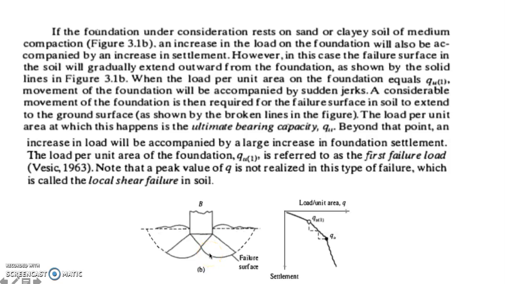which is called the local shear failure. For the local shear failure, the rupture of the soil is only immediately below the footing. So you have here the footing at a certain width B. This is the rupture, this is the failure zone. So if this is the failure zone, the rupture of the soil is only immediately below our footing. There is bulging of the soil on both sides of the footing, but the bulging is not as significant as in general shear failure.